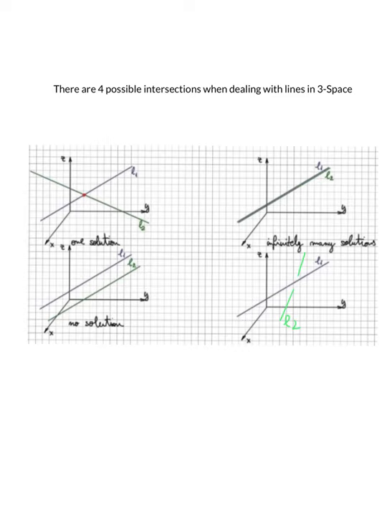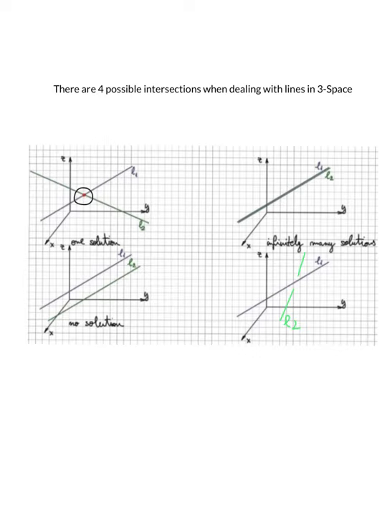When we're dealing with lines in 3 space, there are 4 possible intersections. The first case, number 1, top left here, we have one solution. So just like on the last slide, the two lines meet at one point. Second case, we will just go down. This is the case where the two lines are parallel and there's no solution.